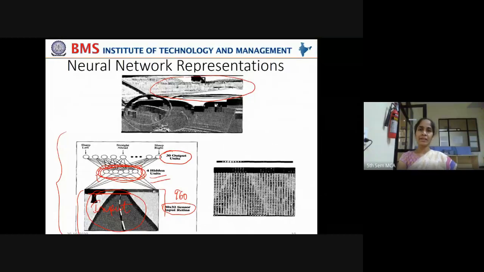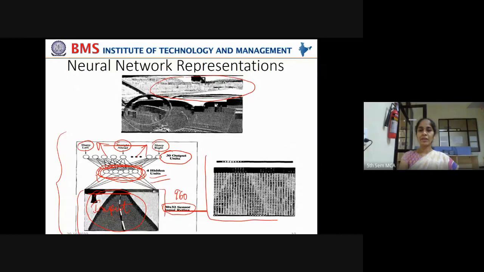Now among those 30 units, it can be guided whether to take a sharp left turn or straight ahead or sharp right turn, or anywhere between sharp left and straight ahead, or between straight ahead and sharp right, like that. Based on which neuron is triggered, that action will be taken by the autonomous vehicle. This is how a neural network works.